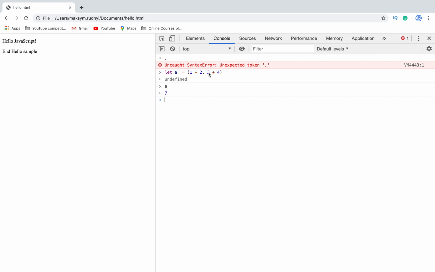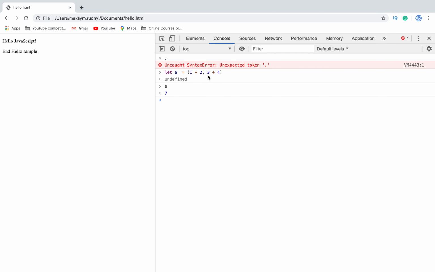Then 3 plus 4 is evaluated and returned as a result. So the comma operator allows us to evaluate several expressions, dividing them by comma. Each of them is evaluated, but only the result of the last one is returned.